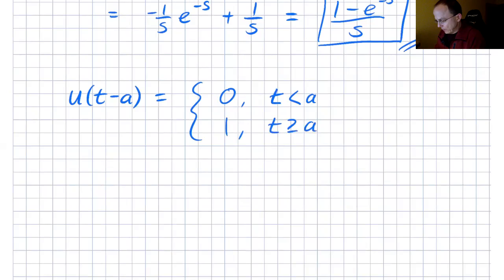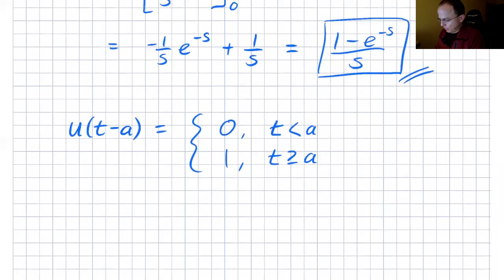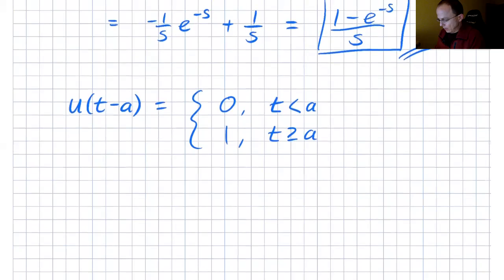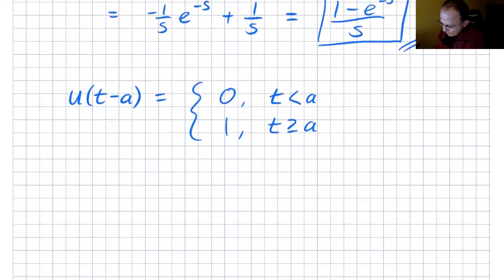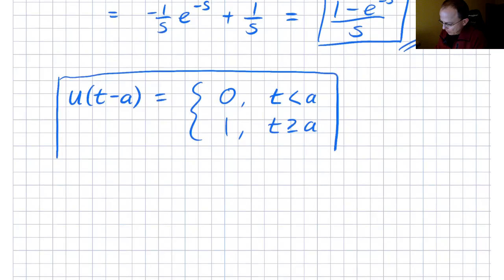So you can use this unit step function in order to write the function f of t above, and then we know what the Laplace transform of this unit step function is. Actually, we're going to come back to this in this chapter, but then we'll go into it in more detail in future sections of chapter 4.